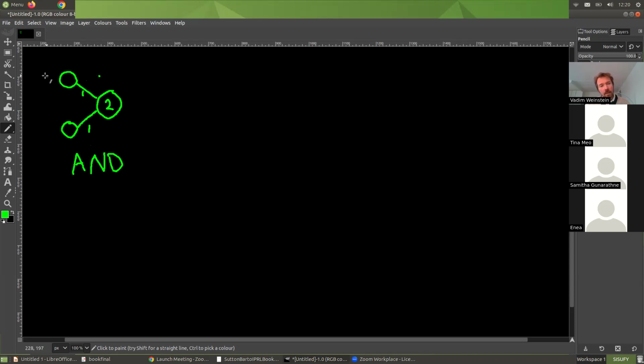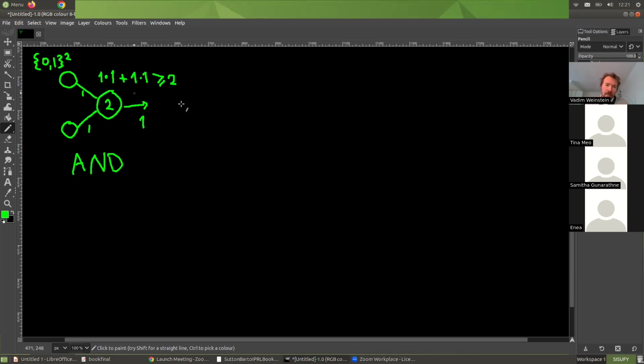The inputs are in the binary set 0 and 1, so we have 2 bits coming in. In the first step, you'll have 1 times 1 plus 1 times 1, and that is at least 2. So you will output 1, and in every other case, you'll get 0, right?